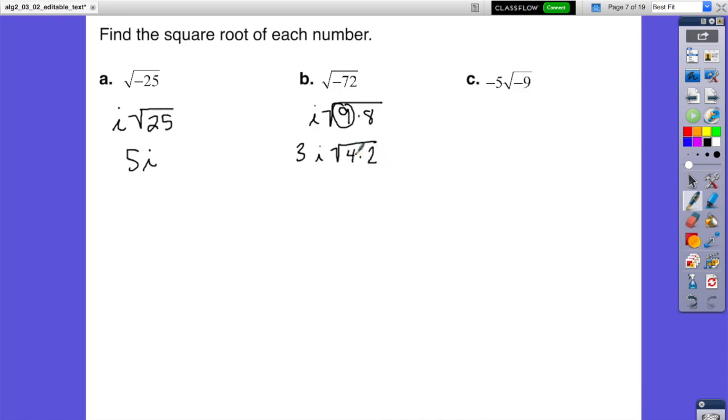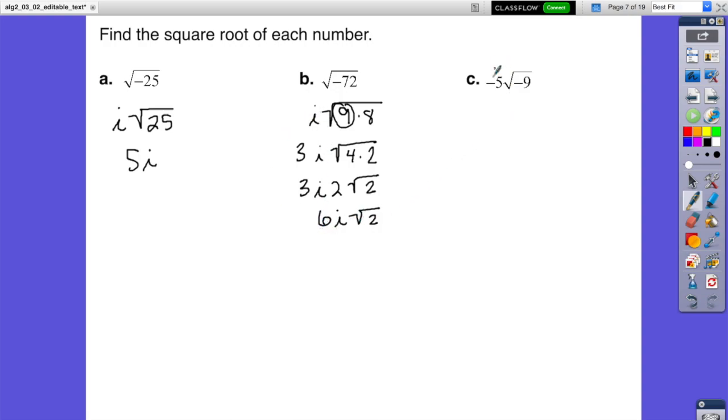So I'm going to pull out the 4, which becomes a 2. And then 2 times 3, you're going to simplify that to be 6. Now, if you knew that this was 36 times 2, you could have automatically pulled out the 36, jumped this whole part, and known that it was 6.